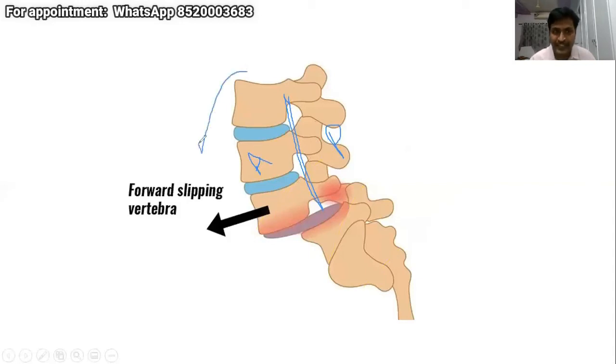Whenever the patient is bending down anteriorly, the pressure in the anterior joints will increase. Am I clear, Ankit? Yes, sir, it is clear.